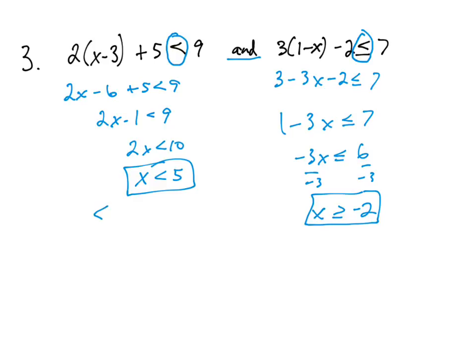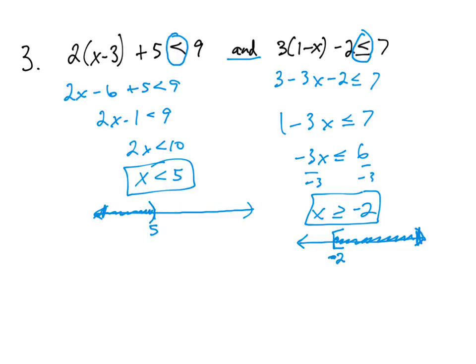So if we think about these on a number line, well, this is going to be 5, less than 5, so we're going to shade to the left from 5. And then greater than or equal to negative 2, well, negative 2 is here. Greater than or equal to that, we're going to shade to the right. So what's happening is the shaded part is running into each other.